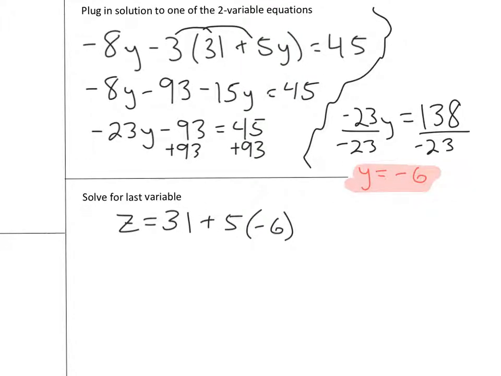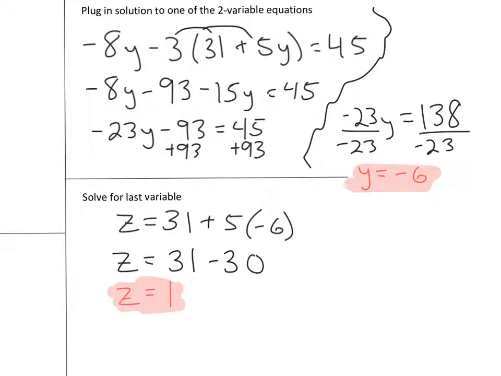And that is going to be z equals 31 minus 30. That one isn't so bad. So z equals 1. And once again, that's another big piece of information.